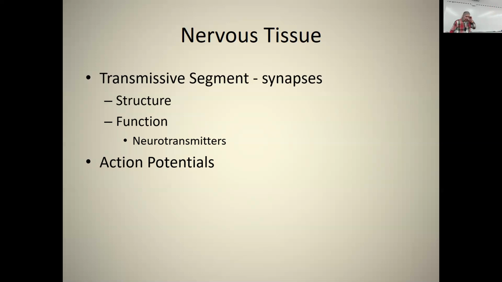And here's the thing. If neurotransmitters open up sodium ion channels in the postsynaptic cell, you're going to get an EPSP, because sodium will rush in. If, however, the neurotransmitter receptor is associated with a potassium channel or a chloride channel, you're going to get an IPSP, an inhibitory postsynaptic potential.